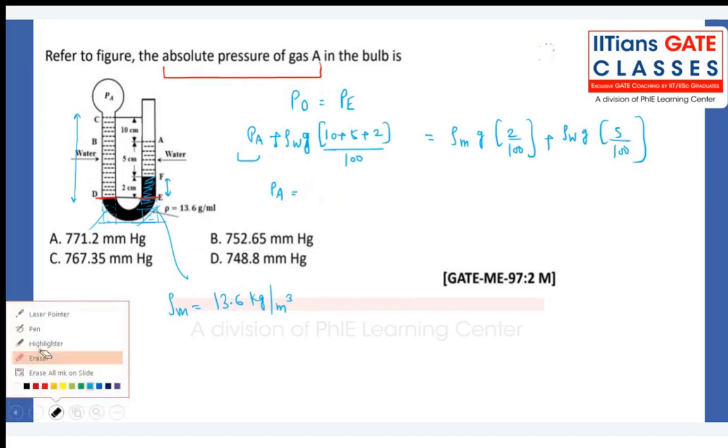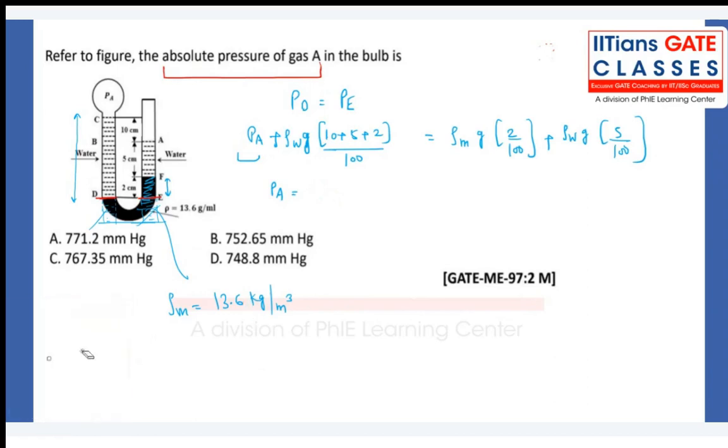Sorry, the density value is not 13.6, it is 13,600 kilogram per meter cube, because when you convert, 1 milliliter is 10 to the power minus 3 liter, 1 liter is again 10 to the power minus 3 meter cube, so this will be kilogram per meter cube, right? Now, PA value will be rho m, what is that? 13,600.